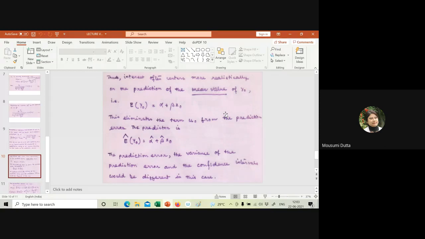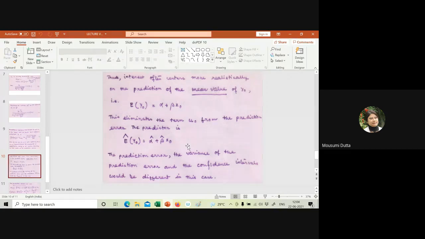If you look at the slide, the estimated value of this expectation of y naught is also given by alpha hat plus beta hat x naught. Expectation of y naught will be alpha plus beta x naught. Expectation of u naught is equal to 0, so that part vanishes. So we are left with alpha plus beta x naught, and if I estimate this value, it will be alpha hat plus beta hat x naught.